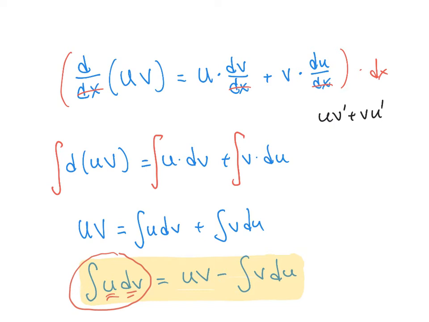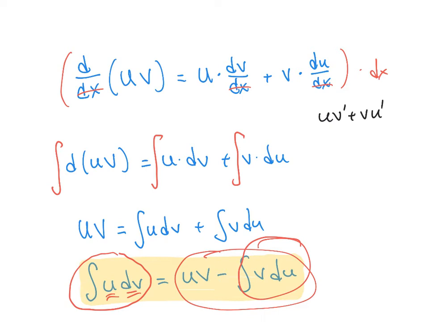And so we are going to be able to use this equation to turn a product u dv into some other expression that hopefully we'll be able to do the antiderivative of. So that's our goal. And I'm going to show you a couple of quick examples where we can use this technique to transform a problem that we can't do into something that we can do. So let's see this thing in action.